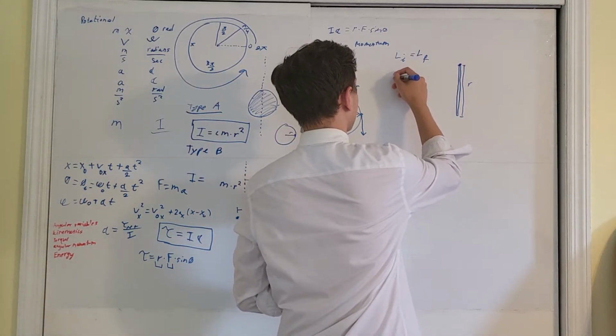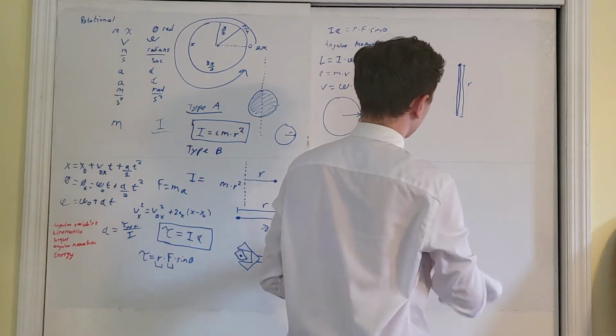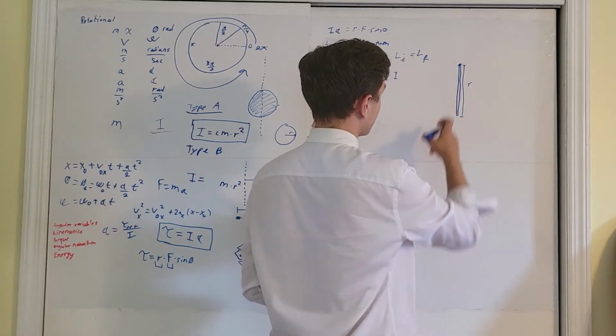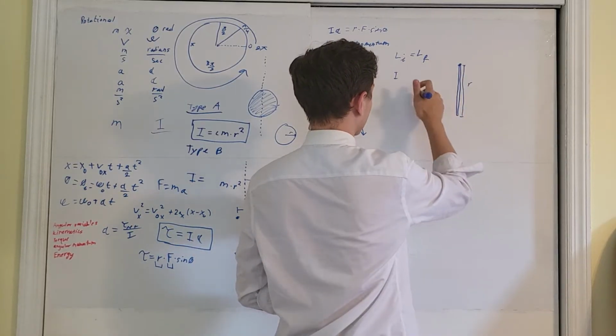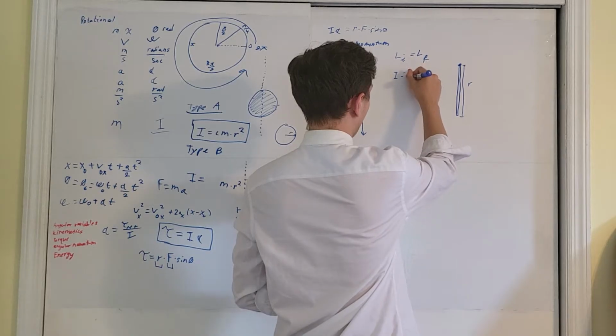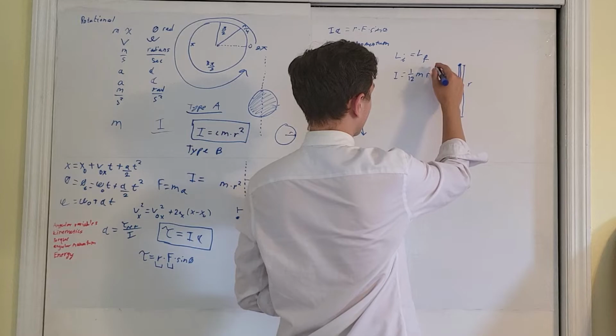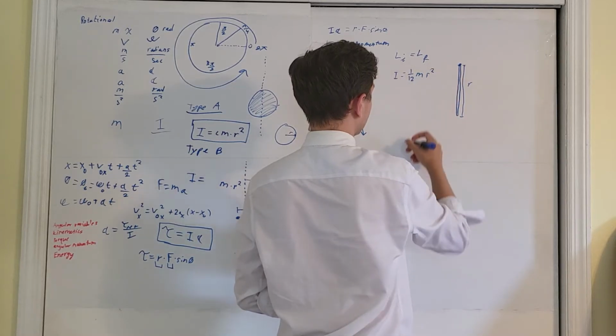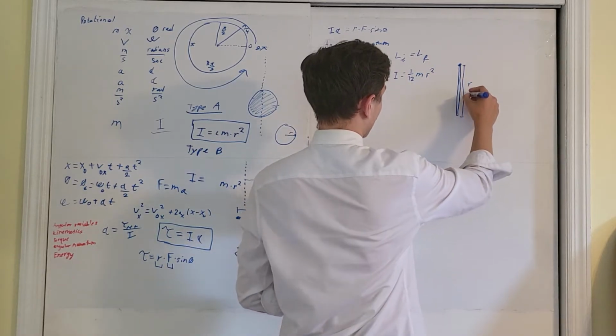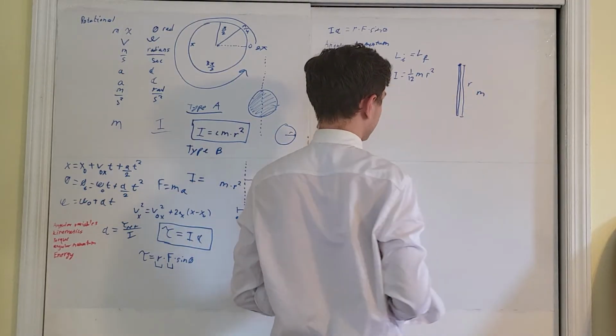We're going to be given that the moment of inertia of this rod about that center of rotation is equivalent to 1 over 12 the mass of the rod times the radius of rotation squared. We're going to say that the mass of the rod is m.